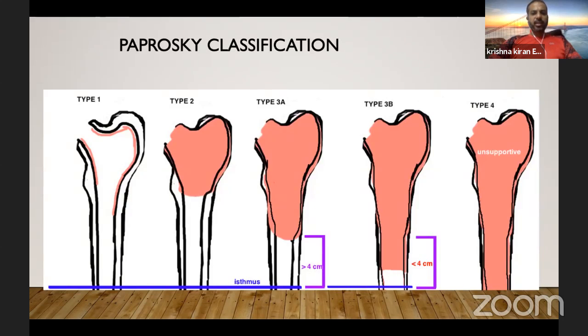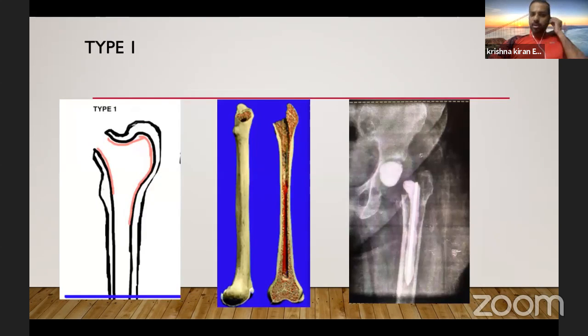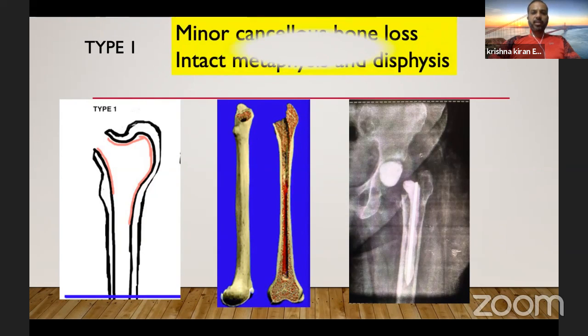He has classified the bone loss into 4 types. The type 1 bone loss is where the proximal and distal part of the femur, that is the metaphyseal and diaphyseal area, is largely intact. There is minor cancellous bone loss, which is happening in the proximal part of the femur.